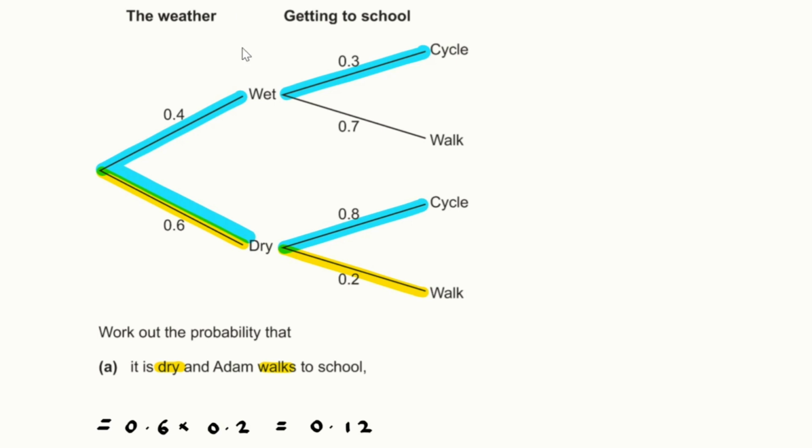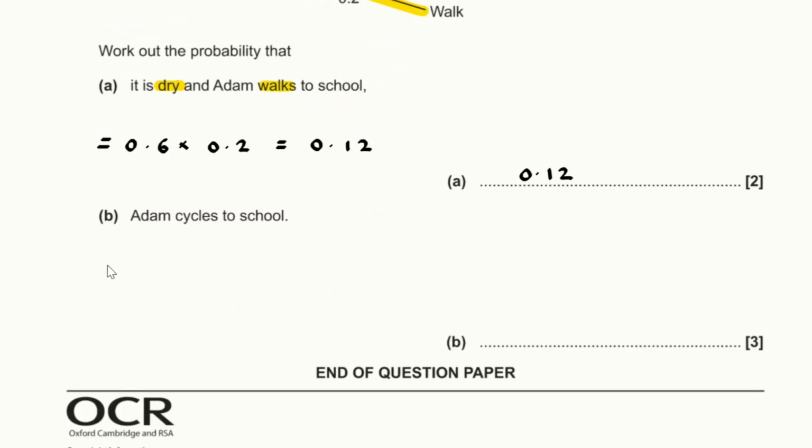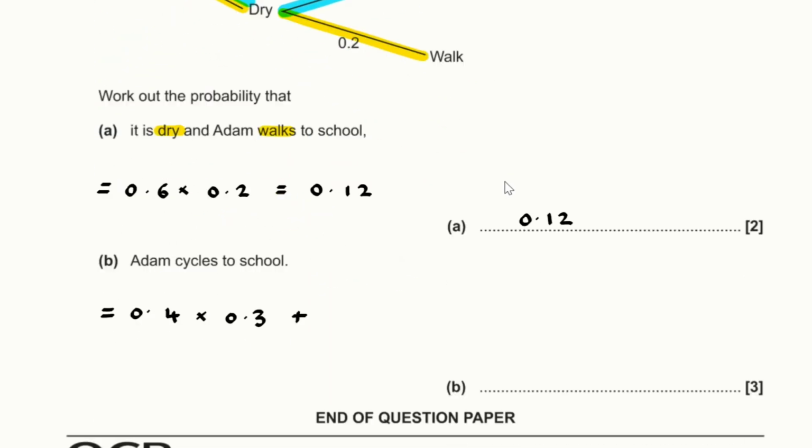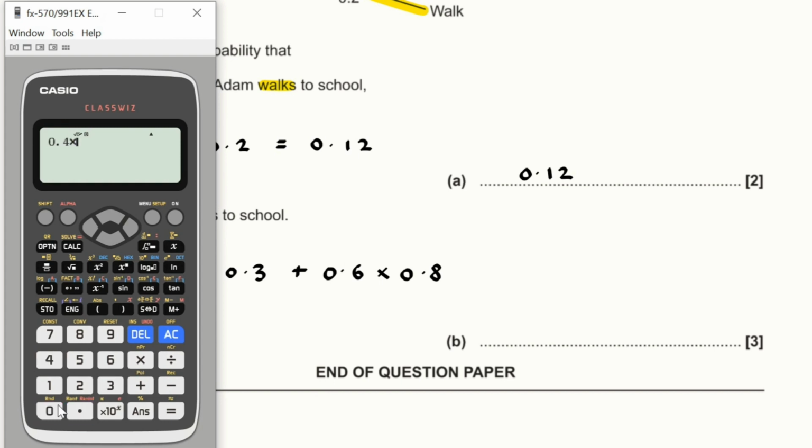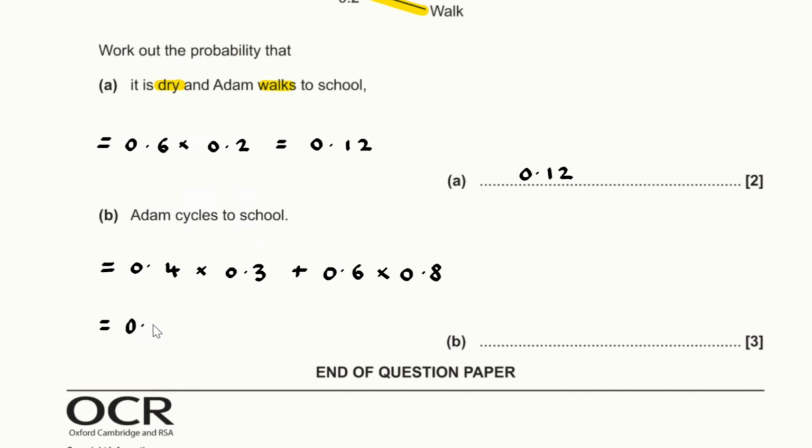So we've got 0.4 times 0.3, or we've got 0.6 times 0.8. And if I work this out, I get 0.6. So the probability is 0.6.